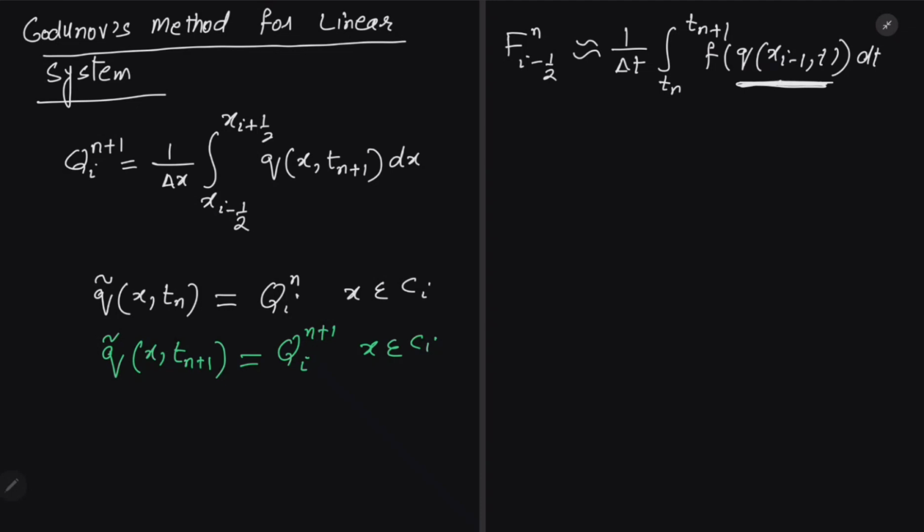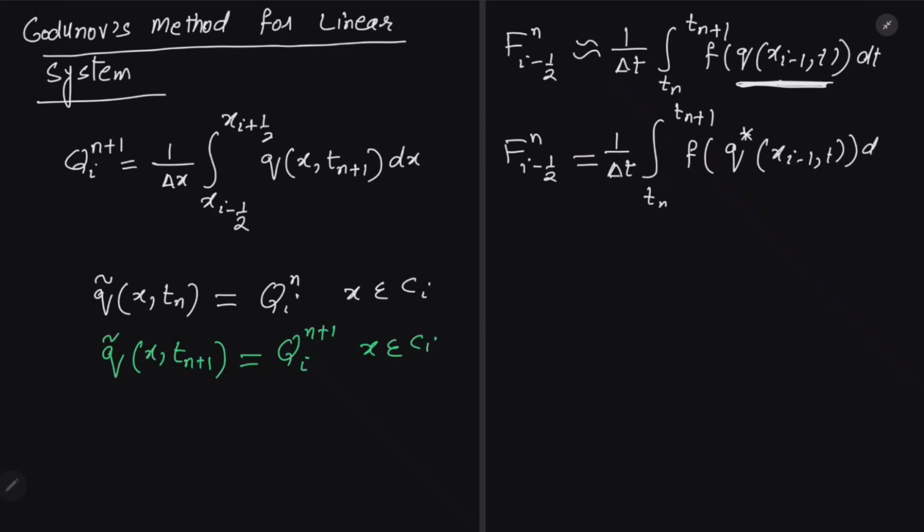So F_{i-1/2}^n equals 1 by delta t, integral from t^n to t^{n+1}, of f of Q star, or maybe Q tilde, at x_{i-1/2}, t dt.